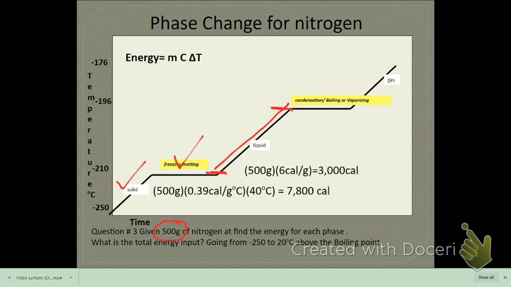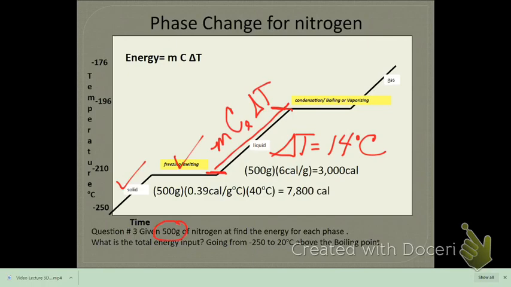If you came out with delta T equal to 14 degrees Celsius, you're absolutely correct. So that's our delta T. So now I have my mass, which is given. I can look on my chart. It will give me the specific heat for the liquid nitrogen.